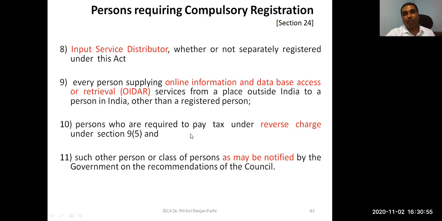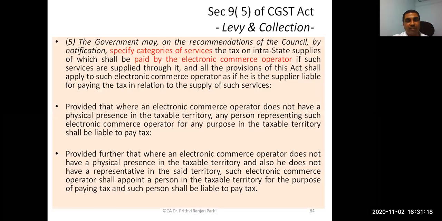Then persons who are required to pay tax under reverse charge mechanism are also required to get themselves registered. And any other person as may be notified by the government. If the government notifies other persons, they may be required to compulsorily register themselves. So these are the 11 categories of persons we have seen where registration is compulsory.